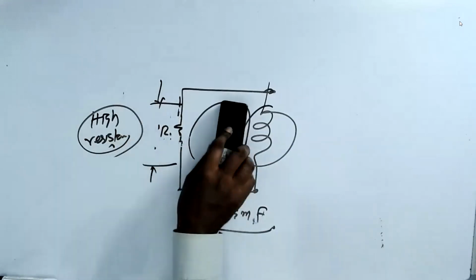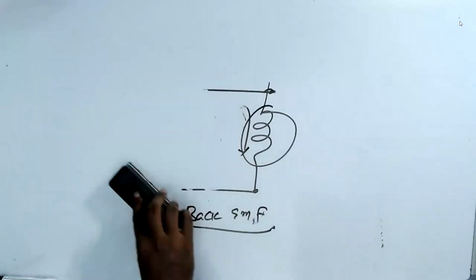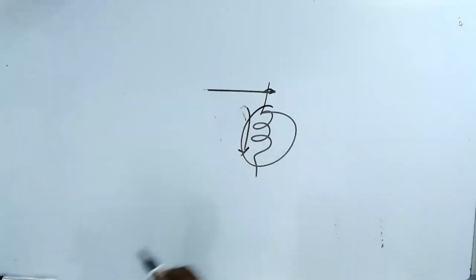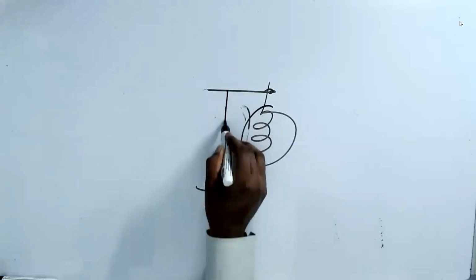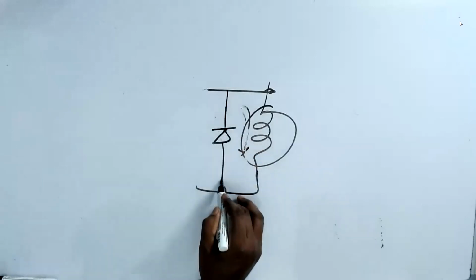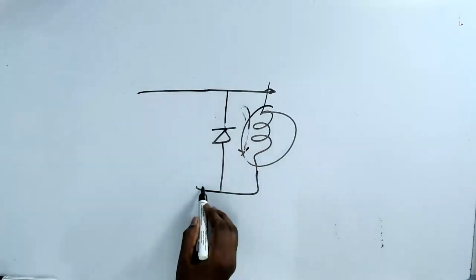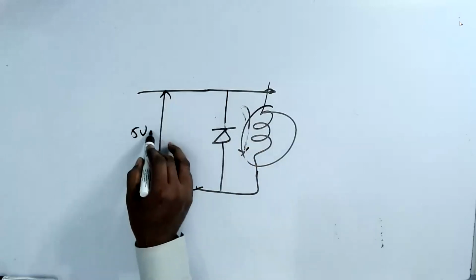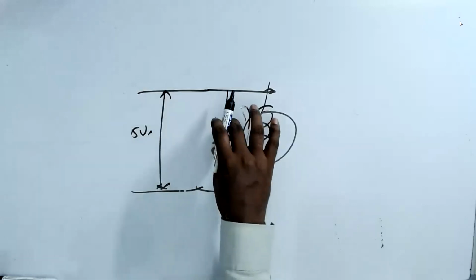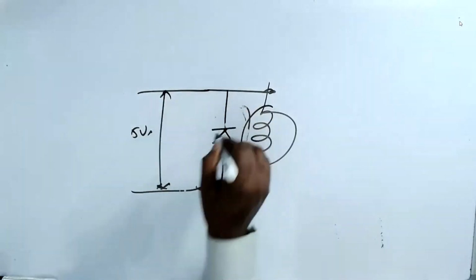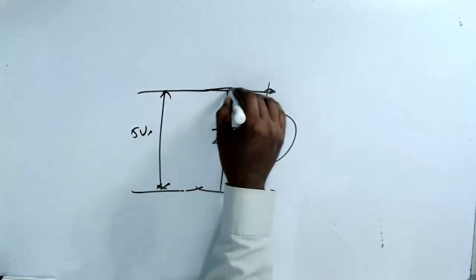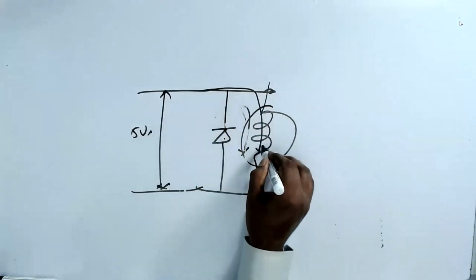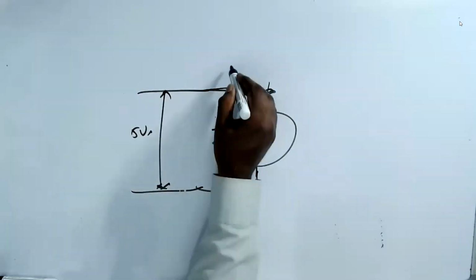So what people do here, to avoid this damage to the device, is put a diode here. Normally, when you apply 5 volts here, the diode is reverse biased. Since the diode is reverse biased, the current will go like this, and the relay will be operating.